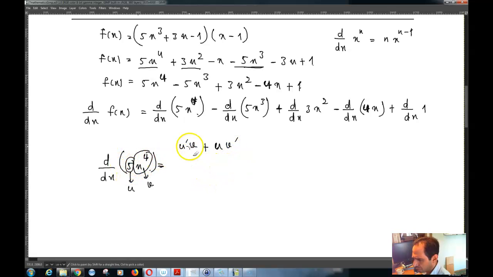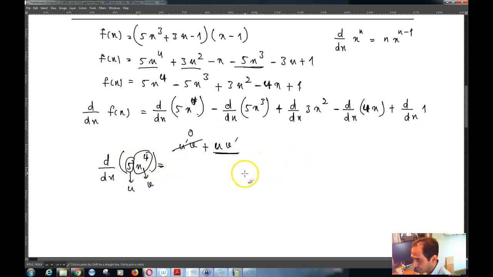Then u prime is always 0, because this is a constant function, so this term goes to 0. So you will get only u times v prime, the constant times the derivative of the other function.